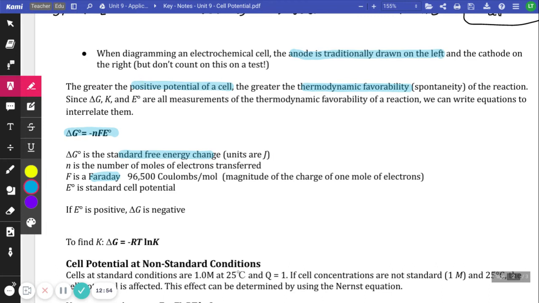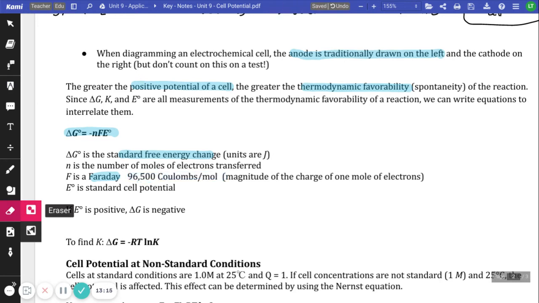But basically, a Faraday is an amount of electricity that reduces one equivalent mass of a substance at the cathode and oxidizes one equivalent mass of a substance at the anode. Again, it's basically the amount of electrical charge carried by 1 mole of electrons, and that is 96,500 coulombs per mole.